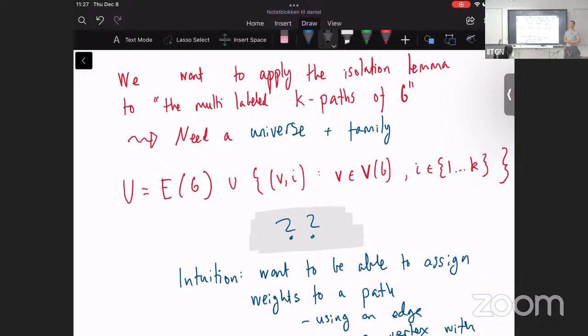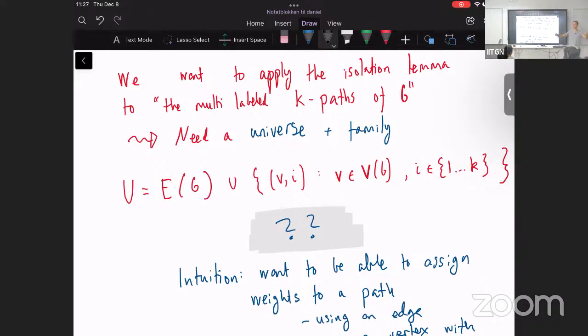There is not a bijection now between walks and sets, because if you go around a cycle twice, then you don't know which label you use the first time and which label you use the second time. But in a path, there is a bijection. So there is a bijection between paths and sets in the universe, right?